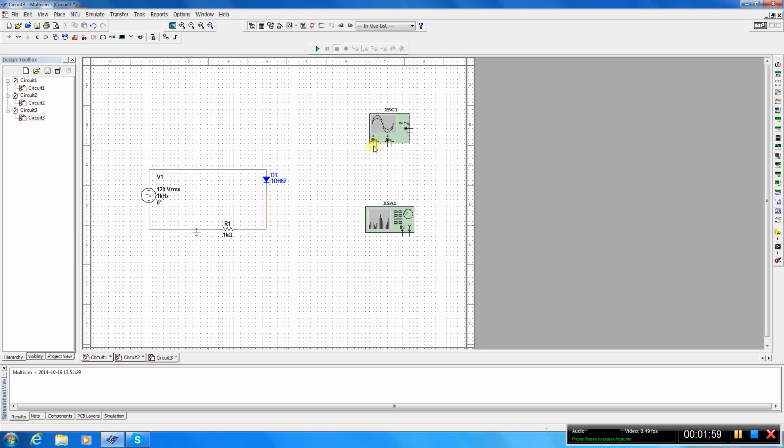Okay. So let's connect our oscilloscope. First of all, let's test if our circuit is working as it is supposed to work. Okay, let's go.